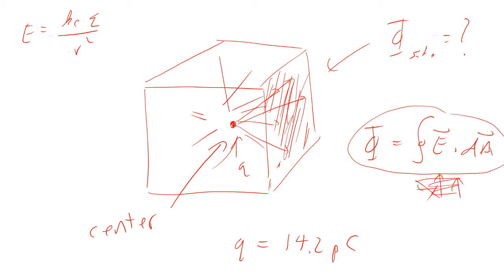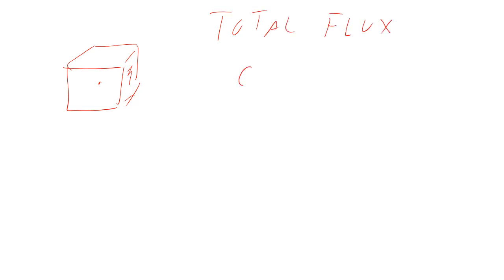So how do we integrate nightmarish integrals? We use integration by avoidance. We try to figure out how not to do it. And so what we do is we say, now, I want to know the flux through that side. But Gauss's law tells me the total flux is going to be the enclosed charge over epsilon naught.